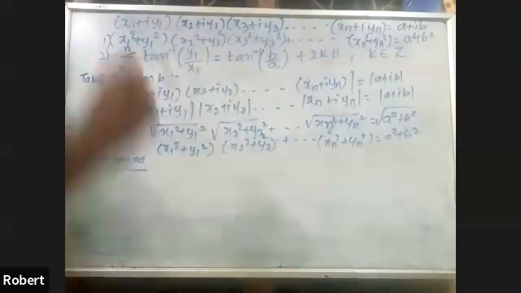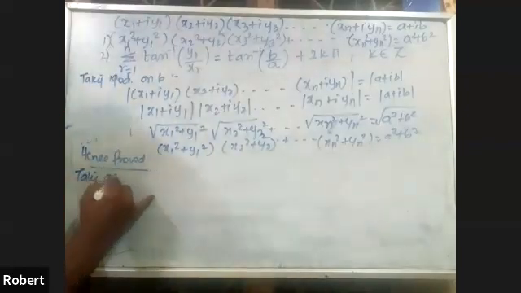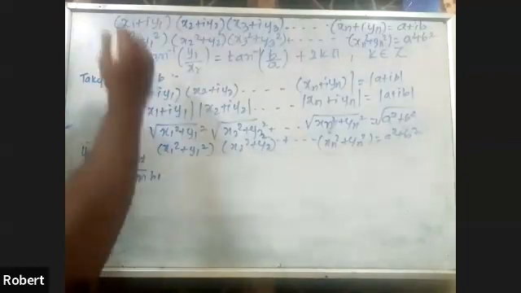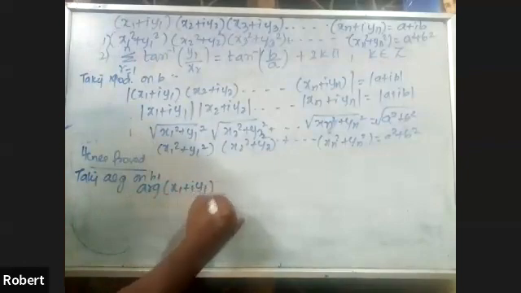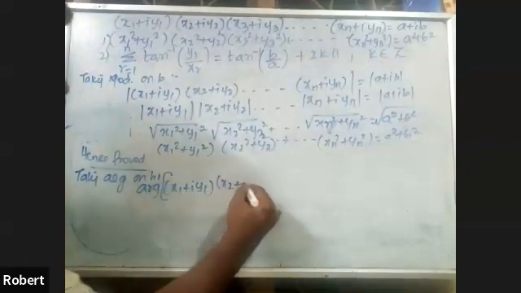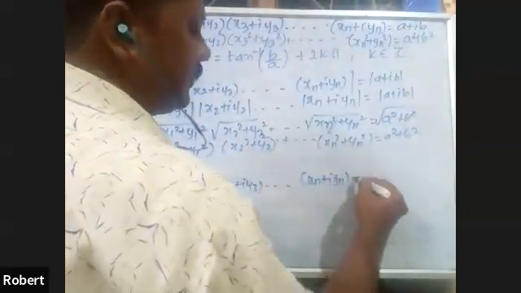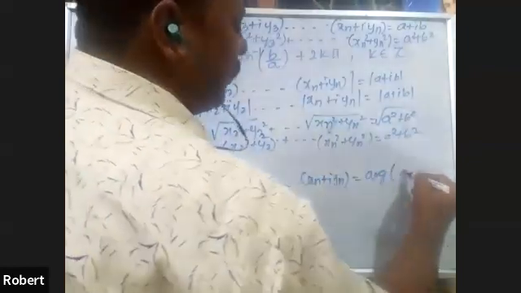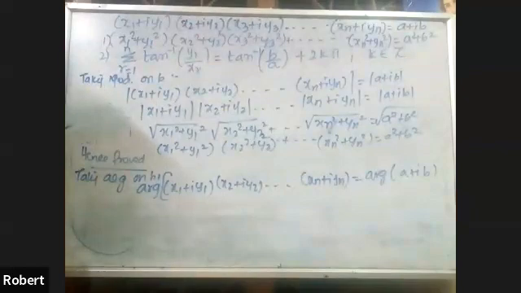Take the same question and the same given condition, taking argument on both sides. The argument of x1 plus iy1 into x2 plus iy2 and so on up to xn plus iyn, and on the right hand side the argument of a plus ib. Now I want everybody to listen here. What does the argument property say?